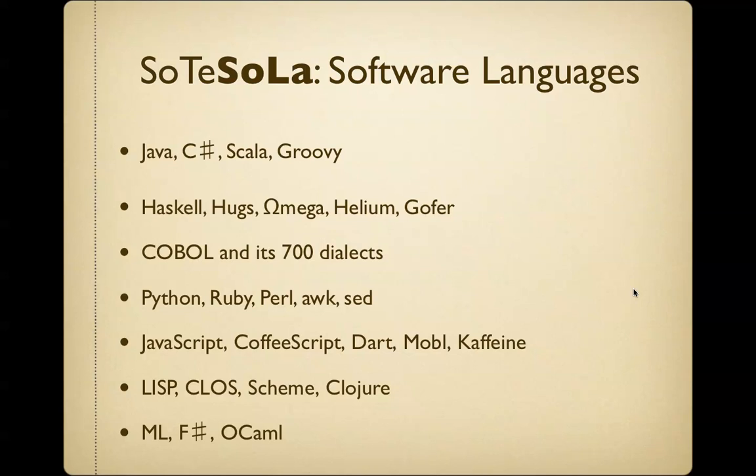It can be some dynamically typed languages for hacking like Python, Ruby, Perl, basically anything with regular expressions qualifies. It can be some web programming languages, Lisps, OCaml, and whatever you want to write your programs in.